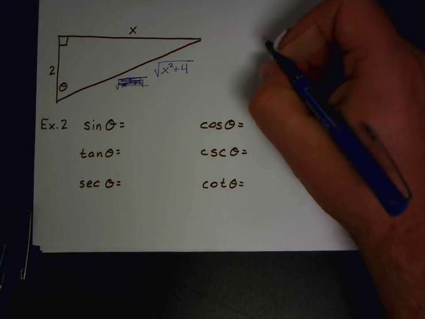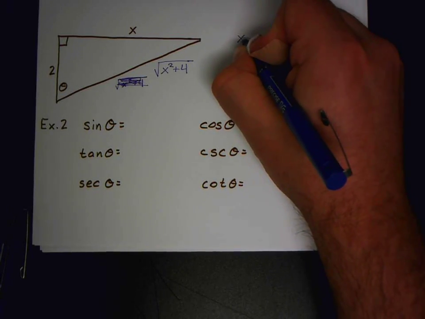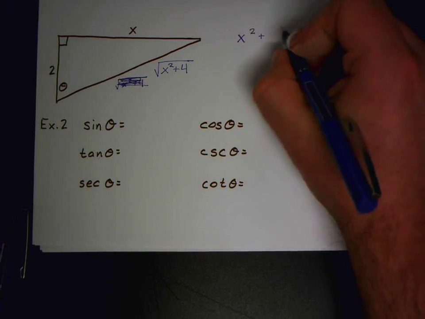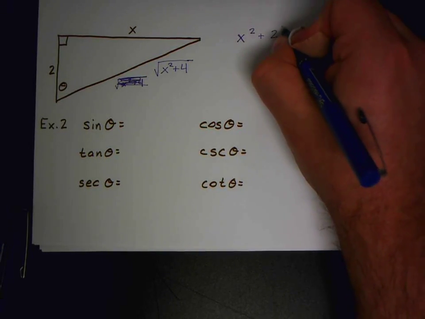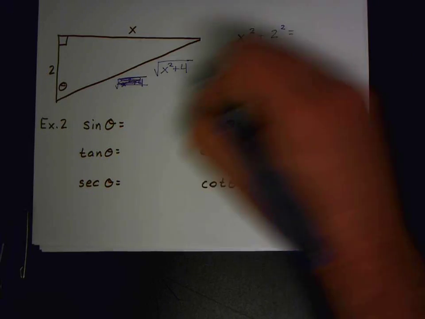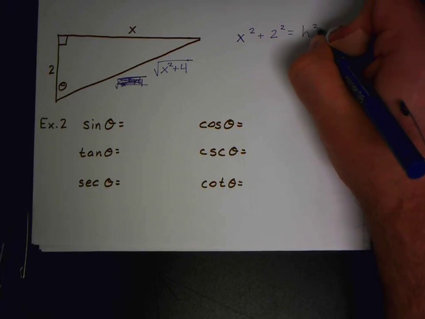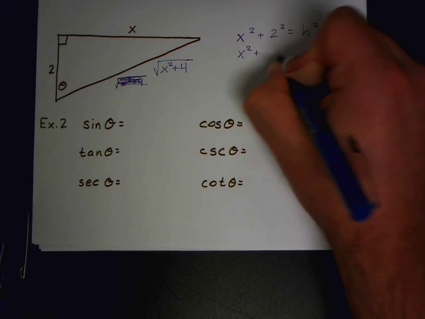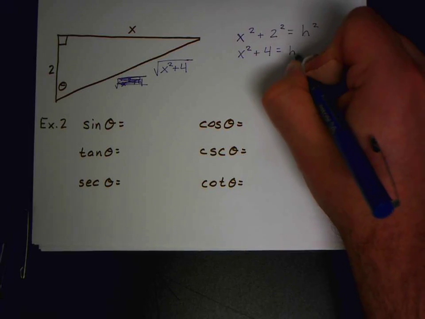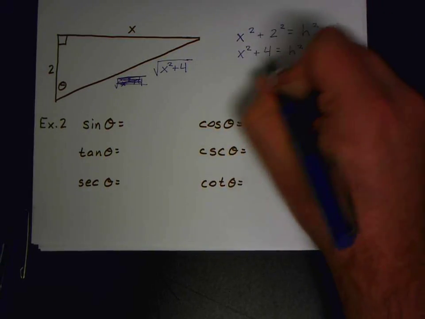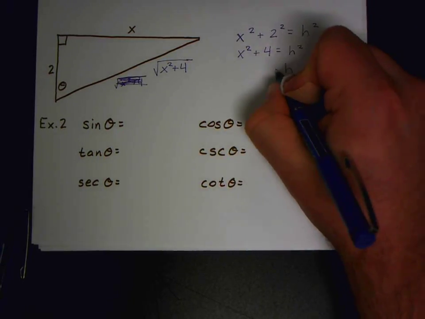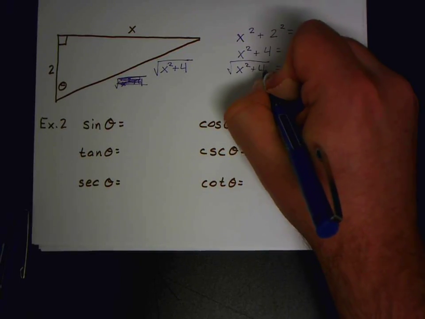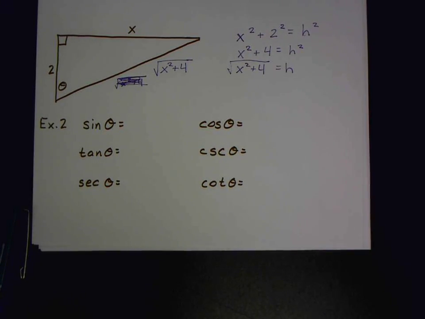So whenever I put this in the Pythagorean theorem, I have opposite side squared plus adjacent side squared equals hypotenuse squared, so I have x squared plus 4 equals h squared. Can't do anything to simplify that, so I just need to square root it. So that's my hypotenuse.